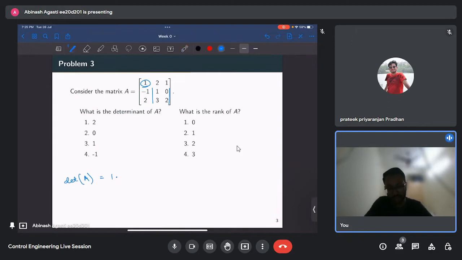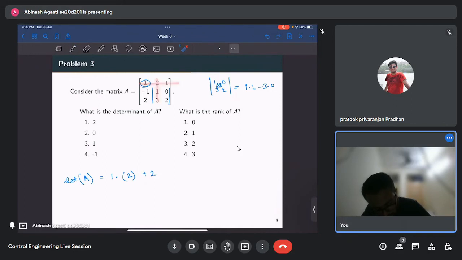So the process is then similar to the determinant of a 2 cross 2 matrix. We know the determinant of a 2 cross 2 matrix is nothing but cross multiply and subtract. So 1 into 2 minus 3 into 0, so that is 1 into 2. Now for the second element, we take 2 into its cofactor, which involves the determinant of minus 1, 0, 2, 2.